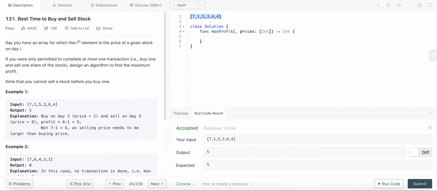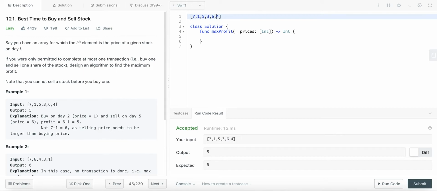And it doesn't matter which day of the week, like the time doesn't matter, as long as the day we sell at is after the day we buy. It doesn't matter if we buy on the first day, sell on the second day, or buy on the sixth day and sell on the seventh day. The time doesn't really matter as long as the day we sell at is after the day we buy at.